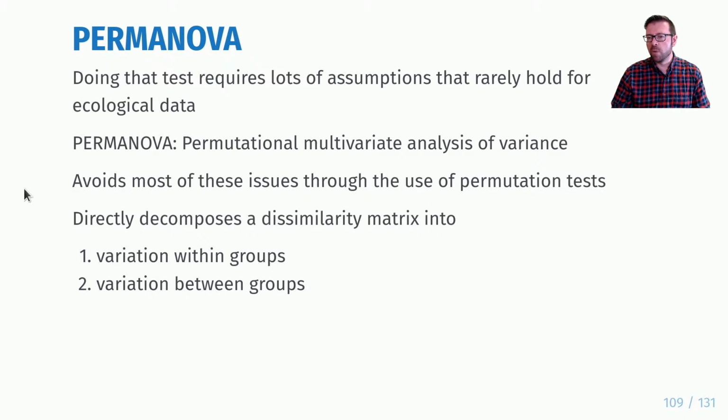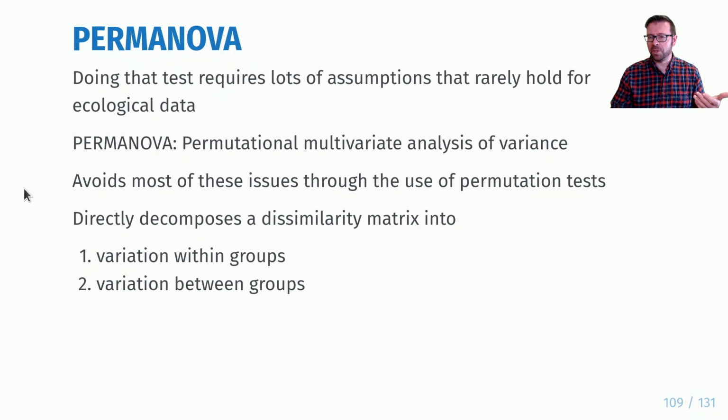We avoid most of the issues with the classical test by doing these permutation tests. And in Marty Anderson's original one, you wouldn't just do RDA and assume Euclidean distances, you could actually assume any dissimilarity matrix, and her original technique directly decomposed that dissimilarity matrix into variation within and variation between.